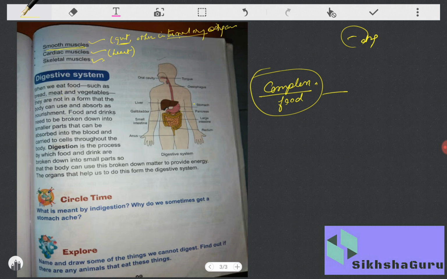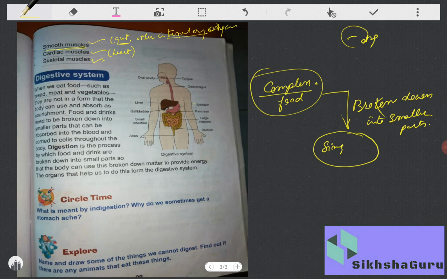So how will the body absorb this food? It needs to be broken down into smaller parts. After breaking down, this food is transformed into simpler substances.